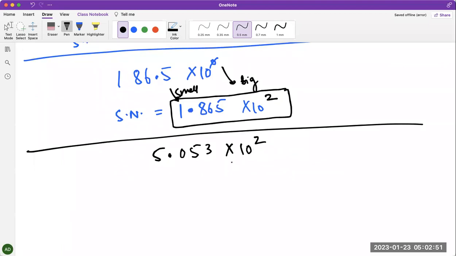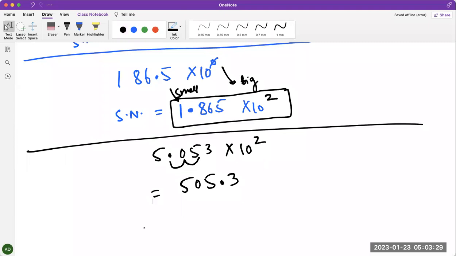Guys, you have to realize that when you're multiplying a number by a positive power exponent, you need to make the number bigger. Multiplying 5.053 by 10 to the power 2 means you need to make this number bigger by moving the decimal 2 places to the right. That's what will make the number bigger. So it should actually become 505.3. That will be the answer.